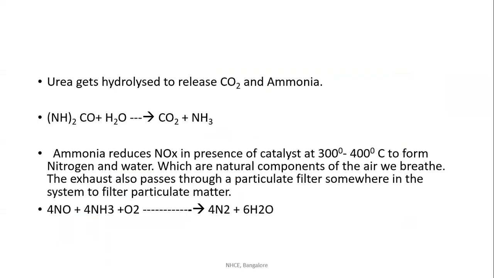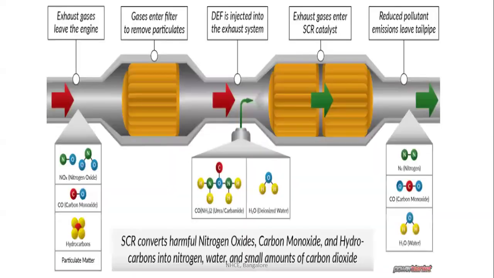That urea undergoes a chemical reaction. The chemical reactions are given here. Urea reacts with water to form carbon dioxide and ammonia, and ammonia reacts with oxides of nitrogen. It results in nitrogen, the normal composition of air, that is atmospheric nitrogen.